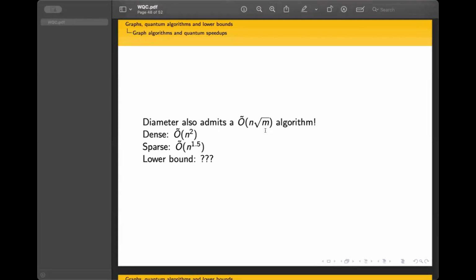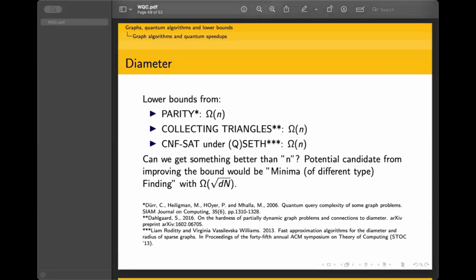Because of this quantum algorithm that works in n square root of m, people started wondering how far can it go? Are there any better algorithms than n square root of m? Well, the best lower bound that you can get for diameter is omega n currently, right?